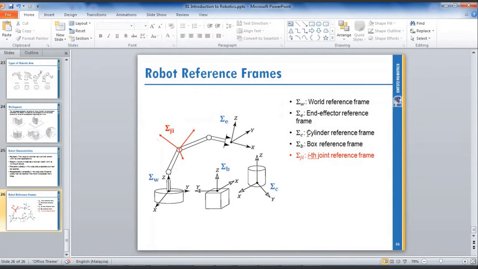C is the reference frame at the cylinder. So this one is your part. For example, your robotic arm is going to pick up this cylinder to put somewhere, or pick up the square box to put somewhere.